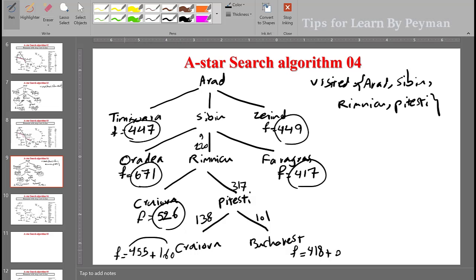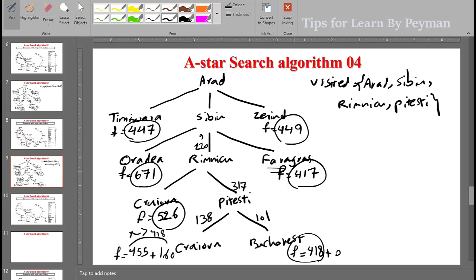The sum of this would be something bigger than 400. I write it here, x bigger than 418, and we have 418 here. So as you can see, we still have another way which is smaller than our solution. So we should continue and extend this way.